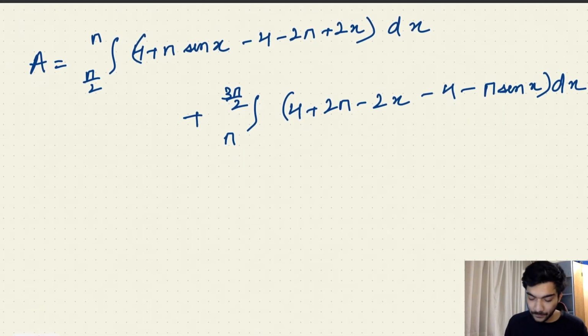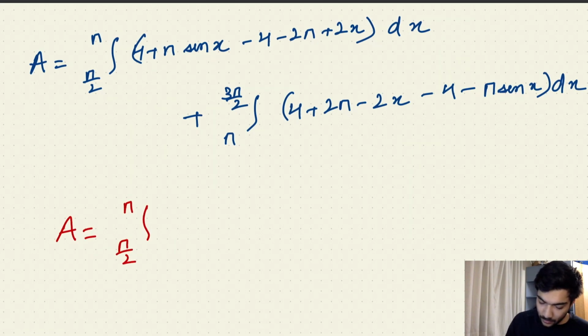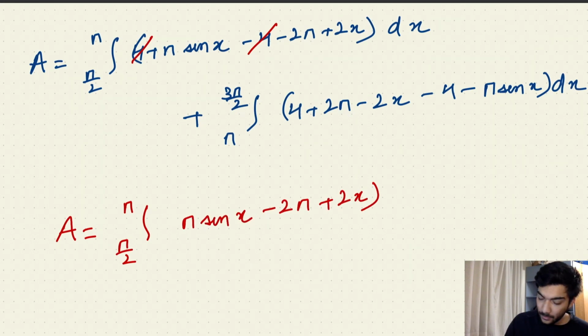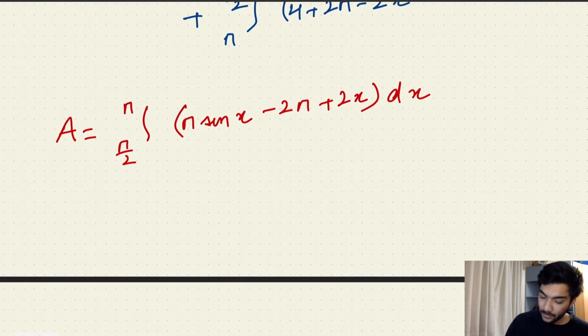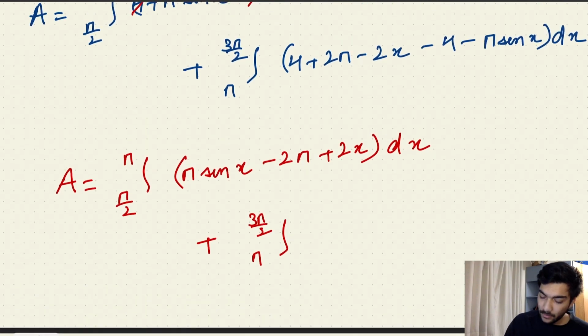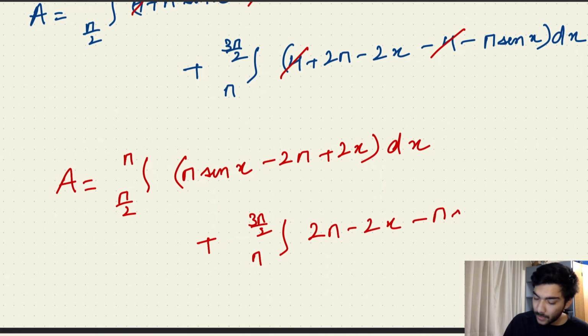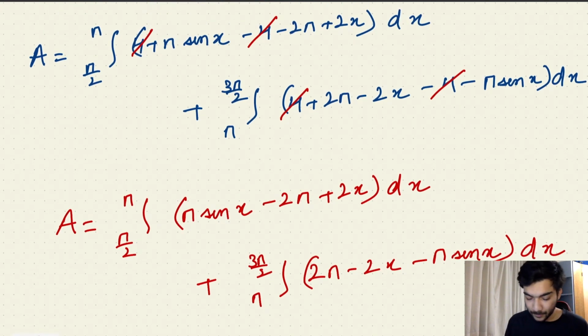Further simplifying, we get the integral from pi by 2 to pi, where we can cancel this 4 and this 4, so it would be pi sine x minus 2 pi plus 2x dx, plus the integral from pi to 3 pi by 2, where this 4 will cancel out, of 2 pi minus 2x minus pi sine x dx.